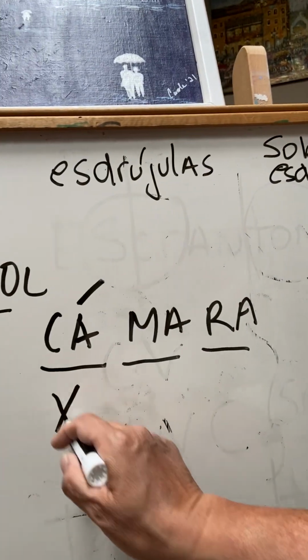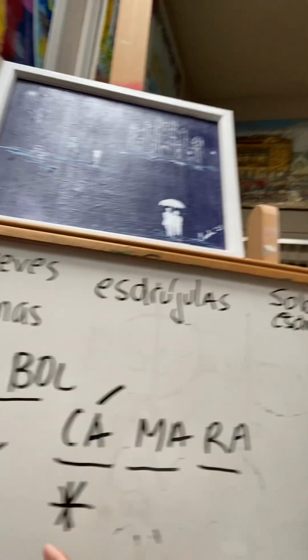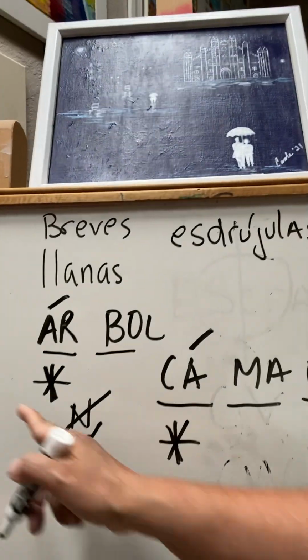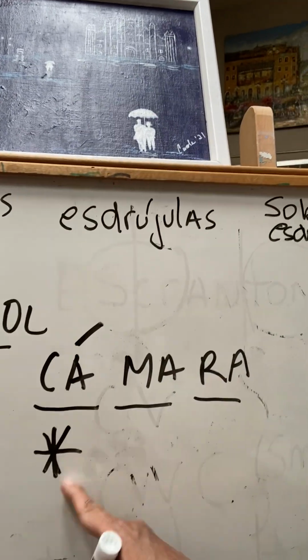The tonic accent is third to the last. I don't want you to think that this is first. This is how the position goes, from the last to the second to the last, third to the last. So this is cámara. With esdrújulas, it doesn't matter what letter it ends in. As long as it has the tonic accent third to the last, it always has a written accent, no matter what.